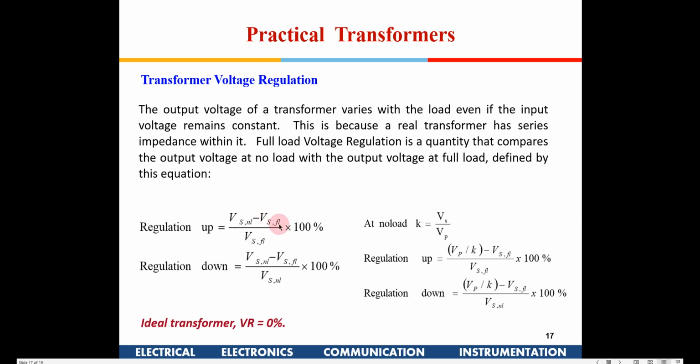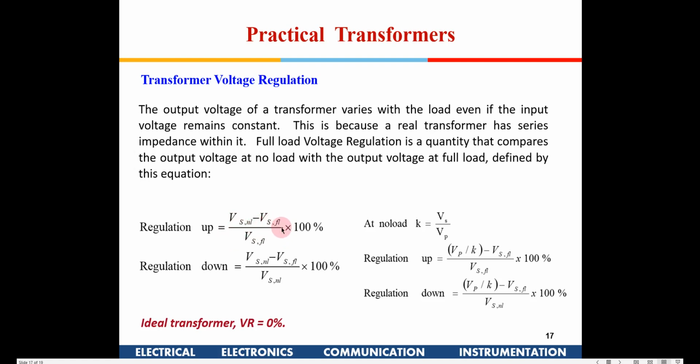Because of the current in the secondary, there will be some current flowing in the primary. That primary current will cause some IR drop in the primary, and similarly there could be some IR drop in the secondary also. That is the reason why it will not be the same.